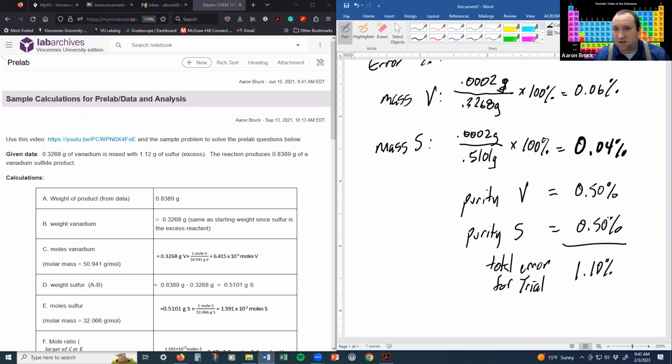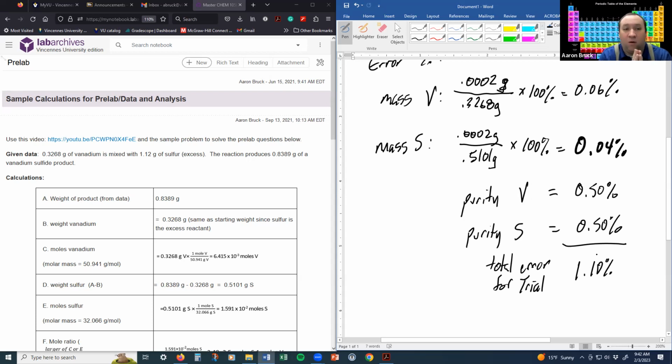As far as sig figs are concerned, you really only need one significant digit out of this calculation, because that's all that the tolerance gives us. That's why we rounded to those digits. Notice that each one of these comes out as 2 decimal places, so our error came out to 2 decimal places as well.